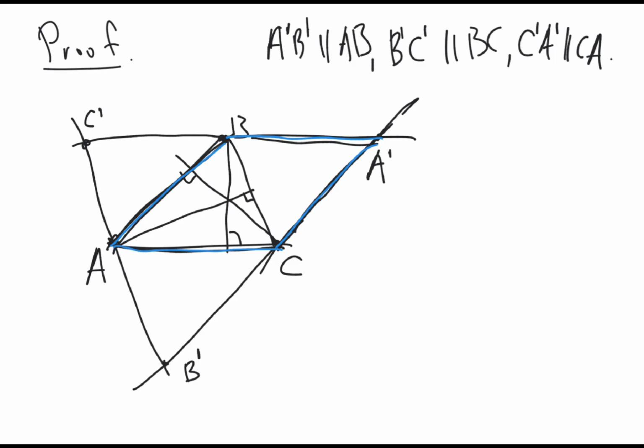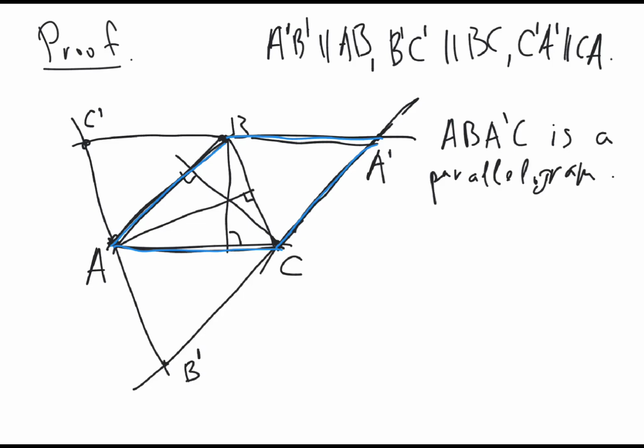This quadrilateral is a parallelogram by definition, because the opposite sides are parallel by construction: BA prime is parallel to AC and AB is parallel to CA prime.